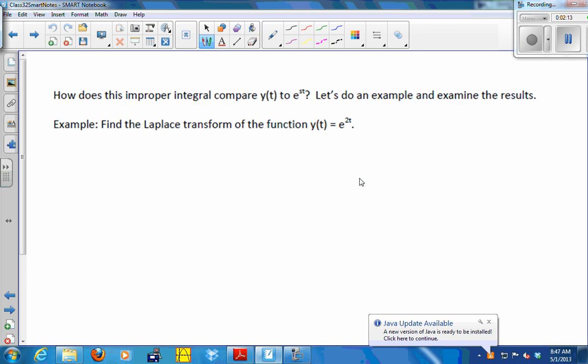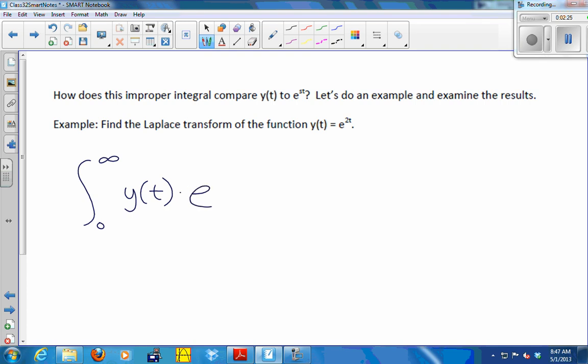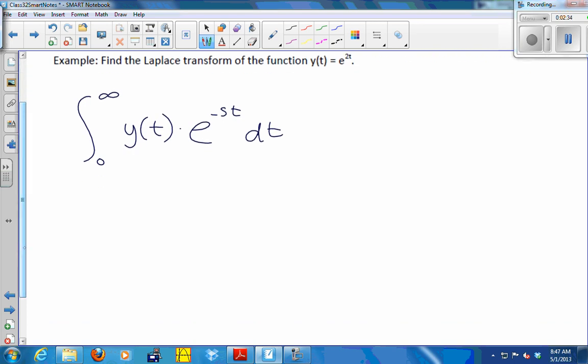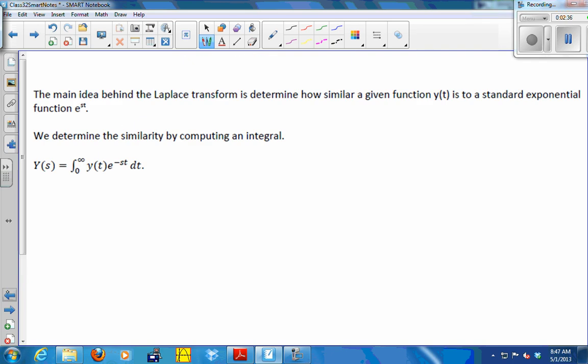To find the Laplace transform of e to the 2t, we take the integral from 0 to infinity of y of t, I'll just write the whole thing out, times e to the negative st dt. And in this case, y of t is e to the 2t. That's how I've defined the Laplace transform. This is the integral that I do to see how close y of t is to e to the st.